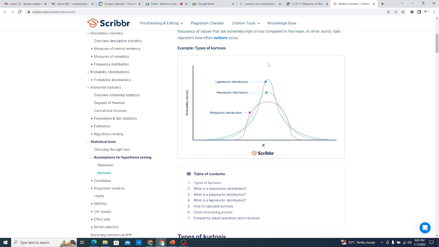So we'll say a perfect normal distribution displays what we call a mesokurtic distribution when it comes to kurtosis.